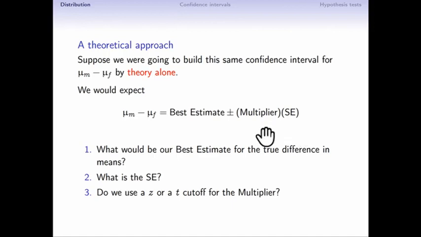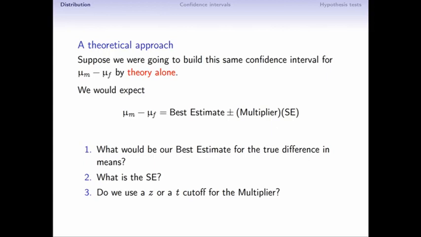And the other one is the multiplier, which is composed of two parts, right? The multiplier carries with it the amount of confidence, the confidence level that we want to attain. So that's part of the multiplier. But the multiplier also carries with it some knowledge of the underlying distribution that's driving this. We've already seen two different options for this. We've seen the standard normal distribution, and we've also seen the t-distribution.